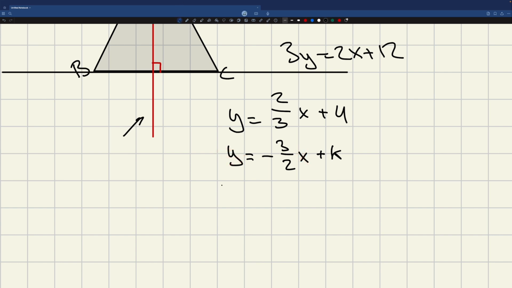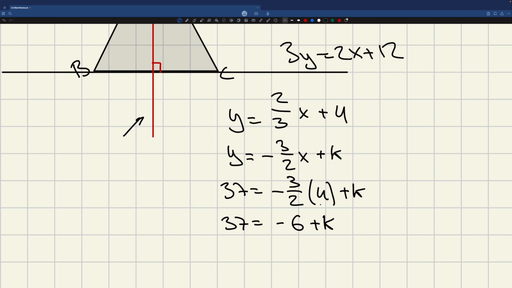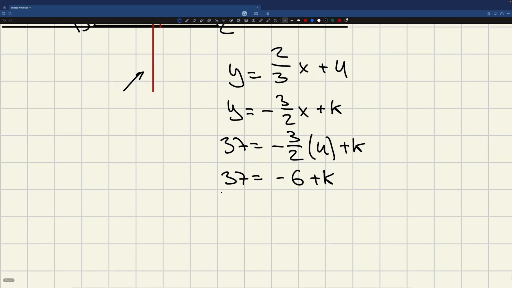So let's do that. 37 is equal to -3 over 2 times 4 plus k. Therefore, 37 is equal to -6 plus k. Therefore, k is equal to 43. Nice. So what does this give us?